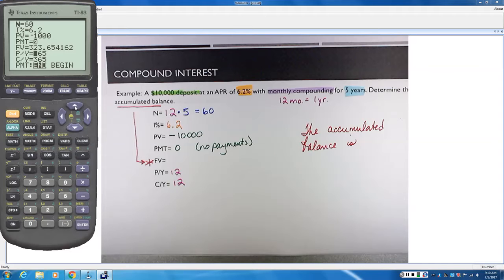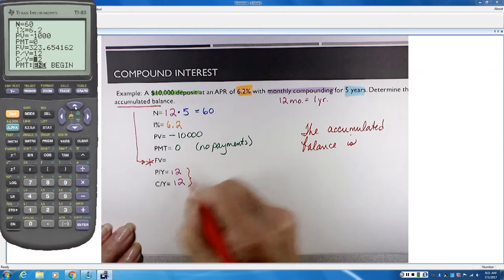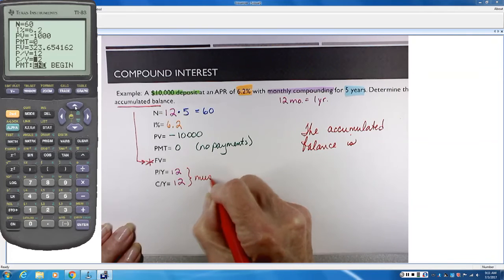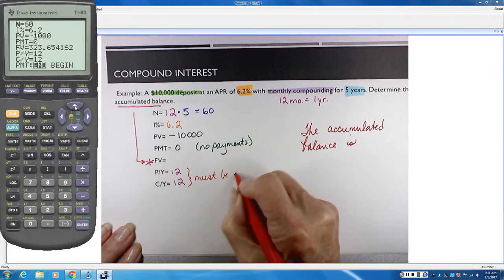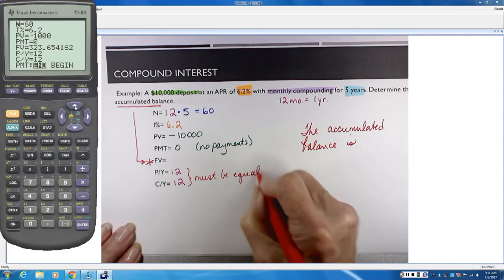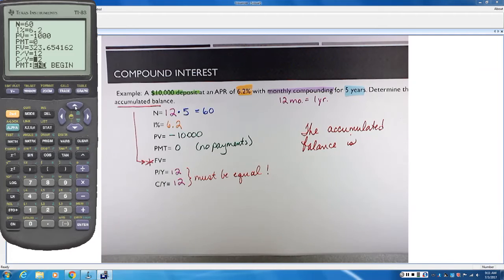We are having 12 payments of interest and 12 compoundings per year. And notice if I don't even enter that last 12 in it, it changes it because it knows that P/Y and C/Y must be the same. That's always going to be the case. P/Y and C/Y are going to be the same value.